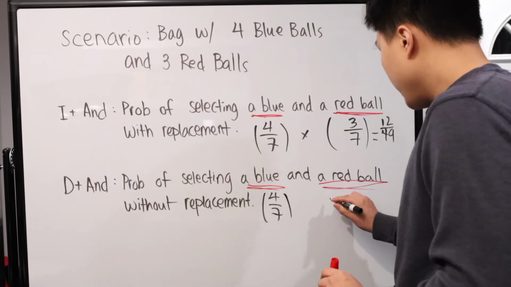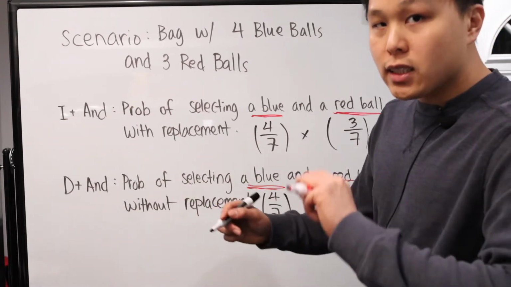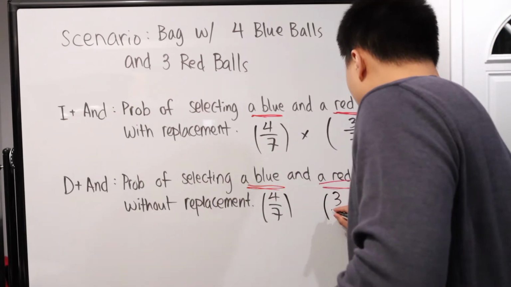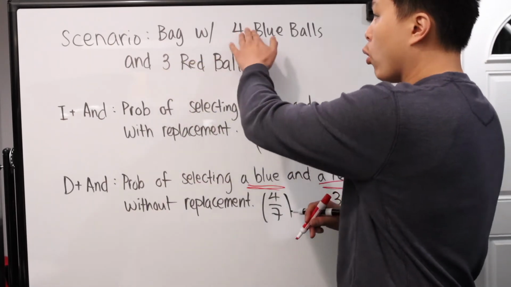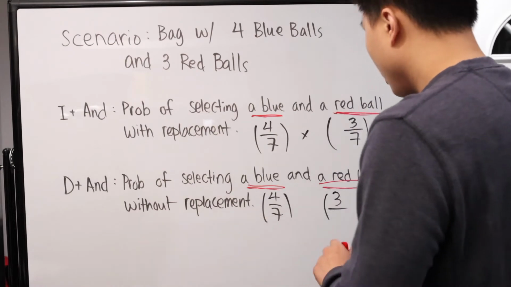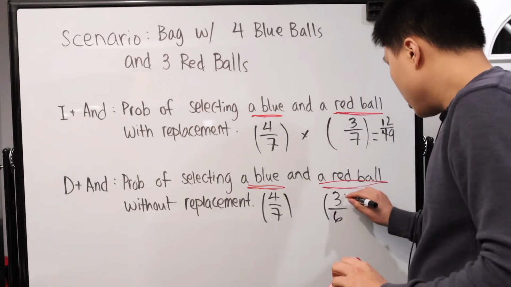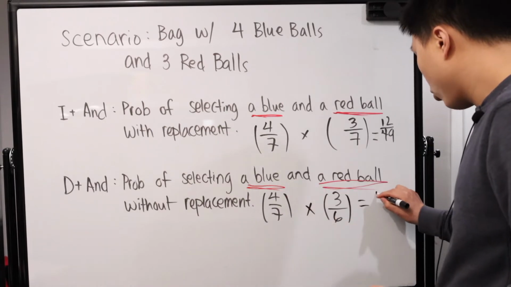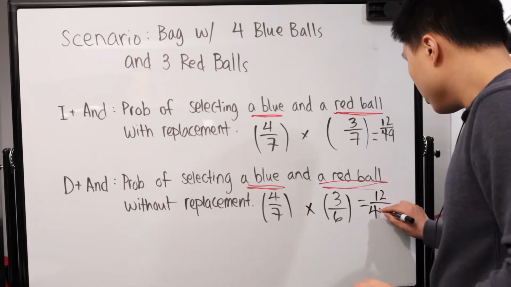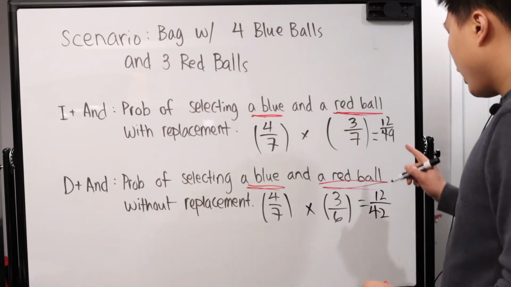Well, in this case, it's still going to be 3 because our first one is a blue ball. But because we took that blue ball out, now instead of having a total of 7 balls in the bag, we actually have a total of 6. So notice that that is very different. That means now the probability is going to be 12 out of 42 instead of 12 out of 49.